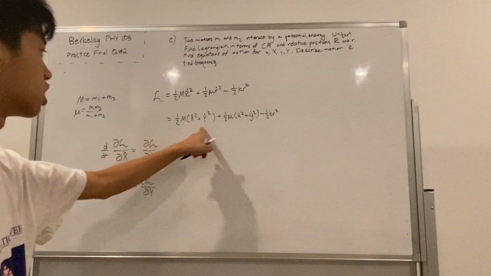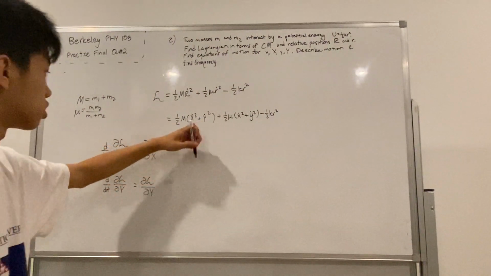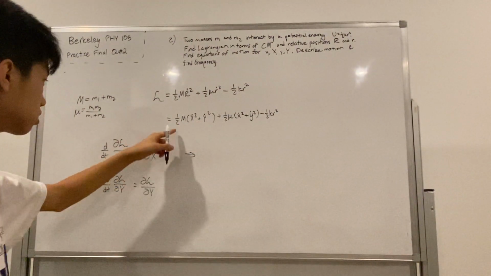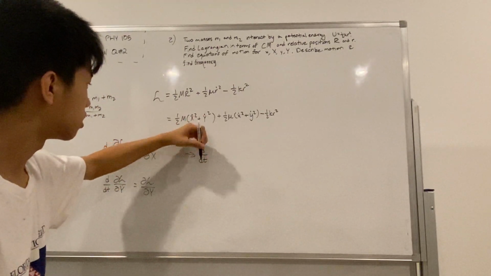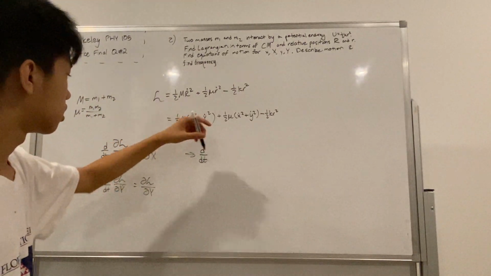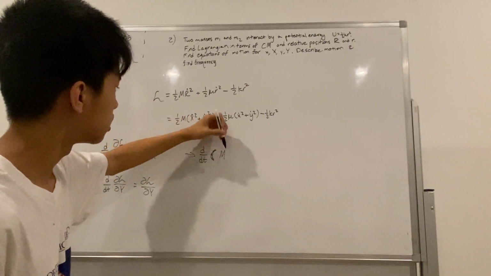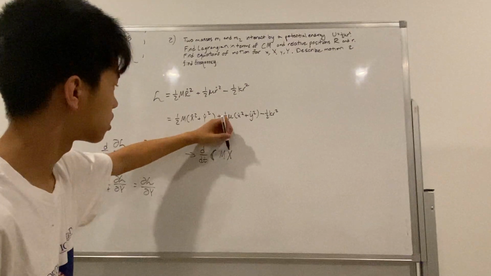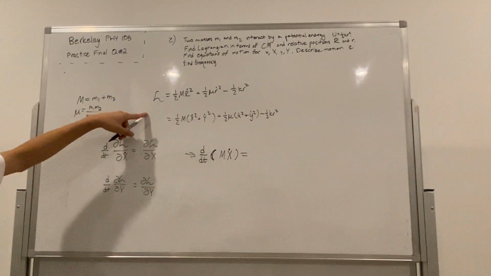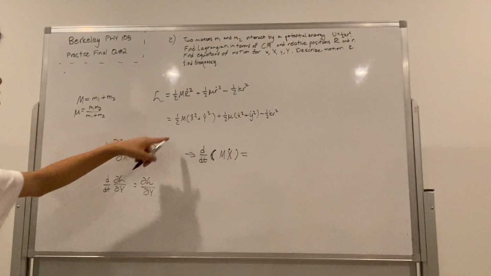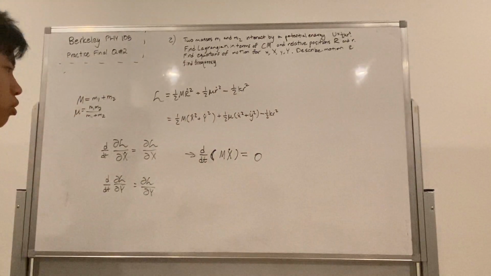We can differentiate this whole thing with respect to big X prime. So we'll get that d/dt of m times big X prime is equal to the Lagrangian partial derivative with respect to big X, but big X is absent in this entire function, so we have 0.